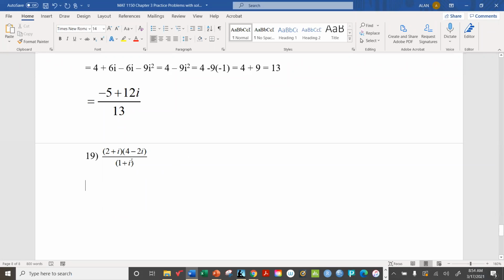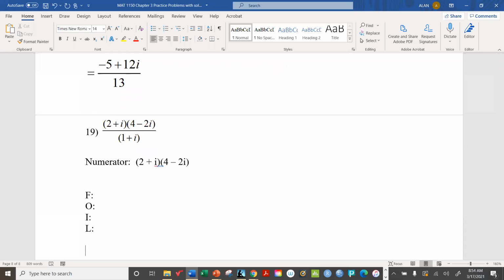So in the numerator, 2 plus i times 4 minus 2i. So again, we'll apply FOIL.